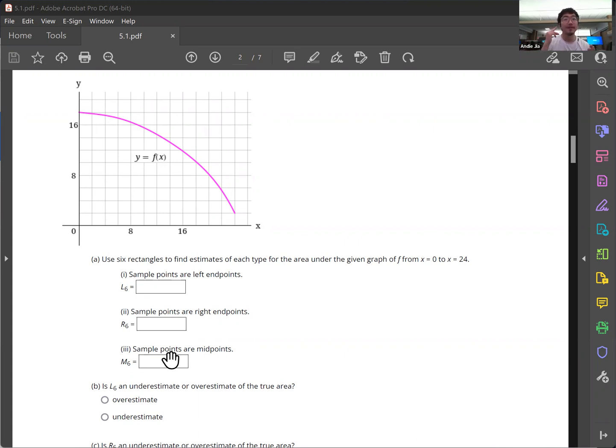So we do 3, 6, 9, 12, 15, 18, 21, 24. The approximation depends on the behavior of the function. If the function is decreasing as x increases, then usually the right endpoint is an underestimate and the left endpoint approximation is an overestimate.